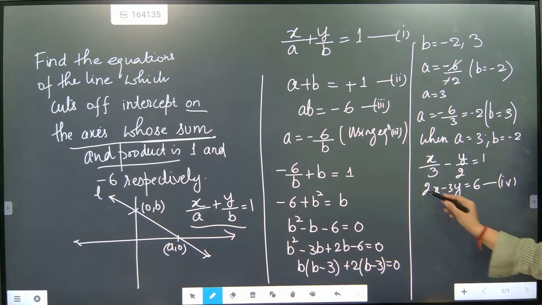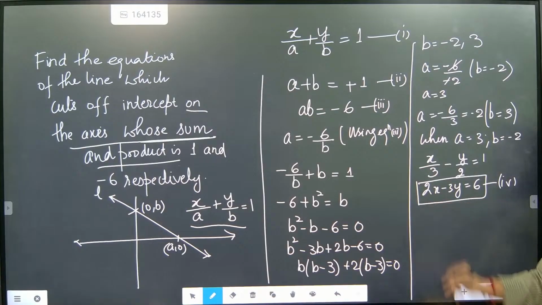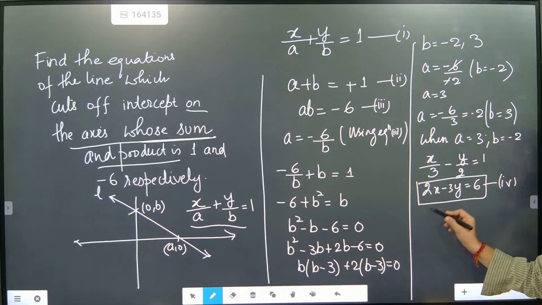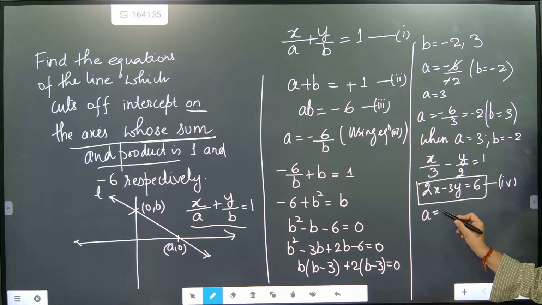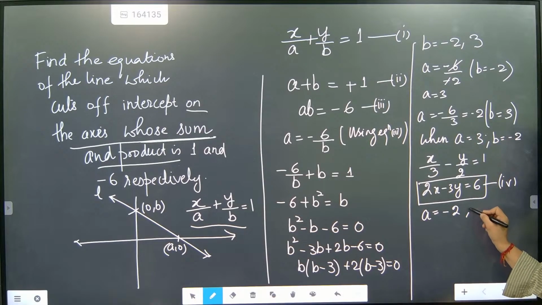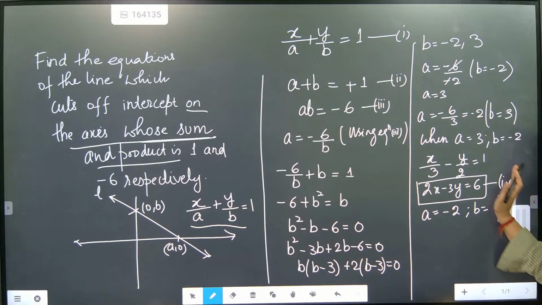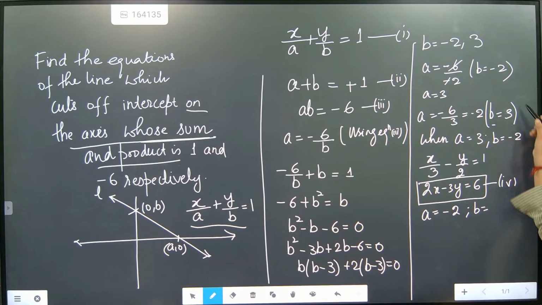Okay, this is the equation of the straight line. This is one equation. Another equation: first part, b is equal to minus 2 I have taken, and a is coming as 3, and this is giving us the first straight line equation.